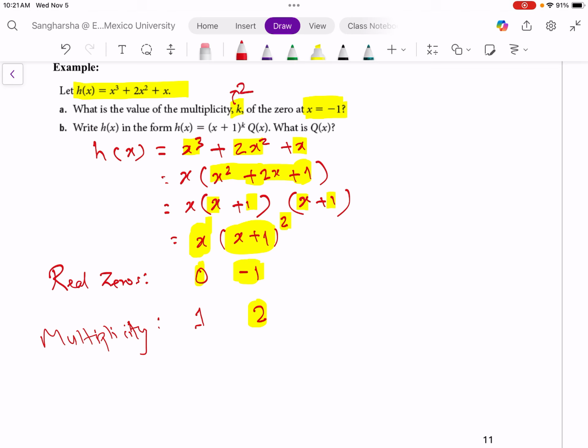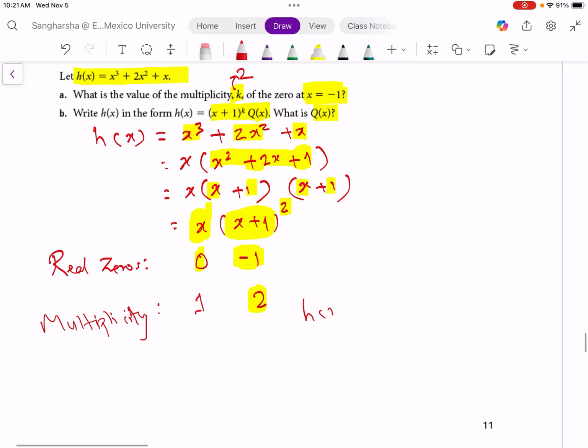Now what about part B? Write h of x in the form x plus 1 to the power k times q of x. What is q of x? We already have our h of x in that form: h of x is x plus 1 squared times x. So we write h of x as x plus 1 to the power k, where k is 2, times q of x, and our q of x is x.